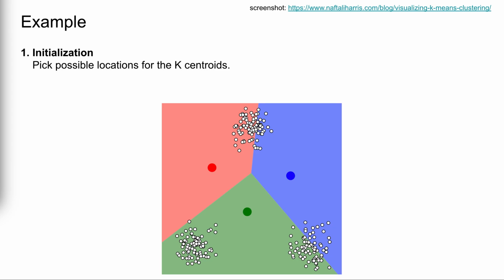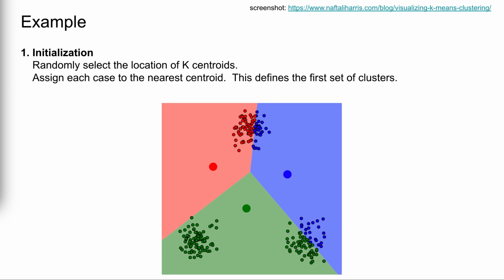In order to do anything, we first have to initialize or start the algorithm by picking 3 possible locations for the 3 centroids. We've chosen 3 random and fairly evenly distributed possible centroids here, represented by the dark red, blue, and green dots. Once we've randomly placed these initial centroids, we then assign each case or data point to the nearest centroid.